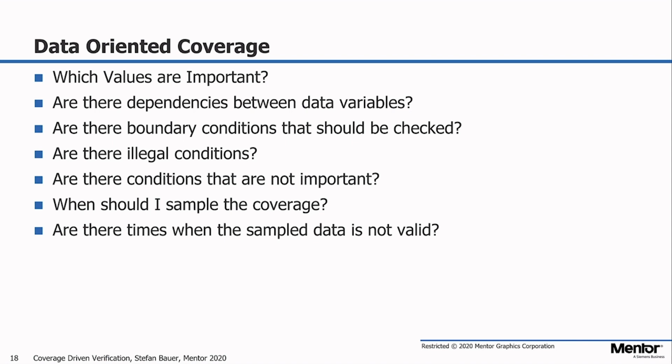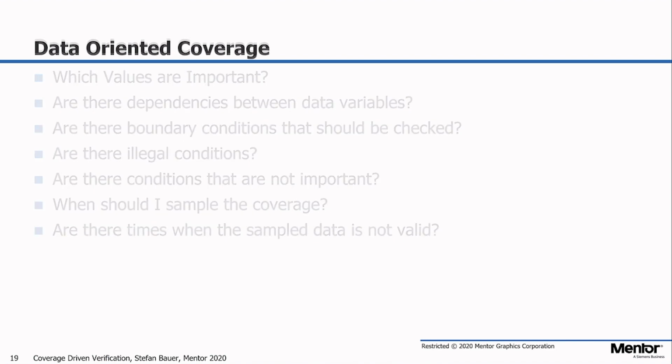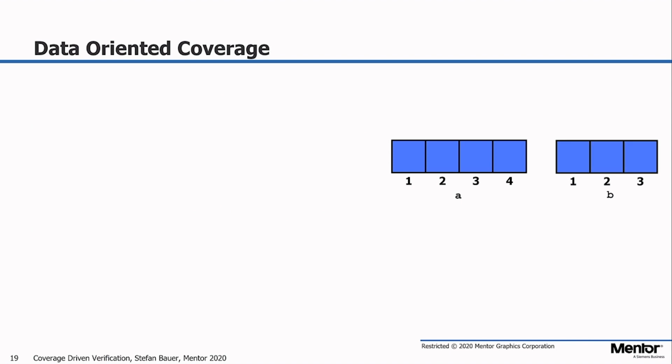But what exactly is data-oriented coverage? To answer that, let's have a quick look into a smaller example. Data-oriented coverage records the values of variables at particular points during the simulation, and it is usually captured by the testbench. Let's see the principle here.